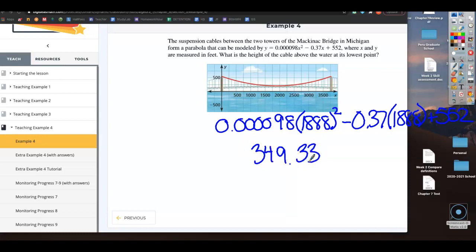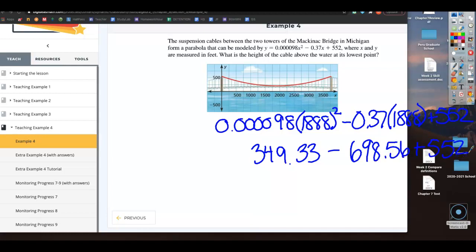I'm rounding to the nearest 10. And then we have to multiply 0.37 times 1,888. If you guys aren't getting what I'm getting, you need to tell me. 698.56. Correct. And you still have the plus 552 at the end.